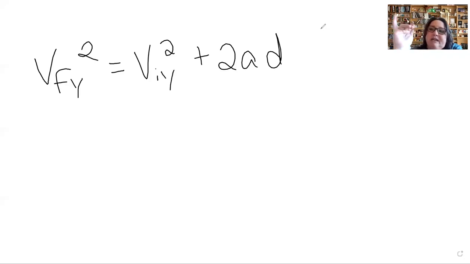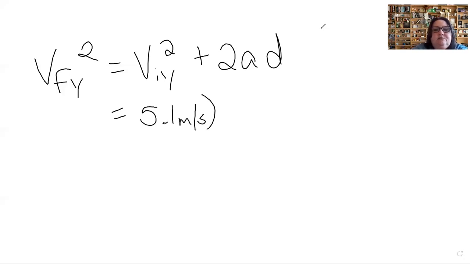Remember, you can't mix your x data and your y data. So we know that our initial y is 5.1 meters per second. And we're going to square this.